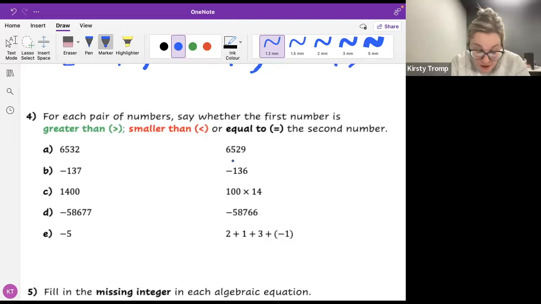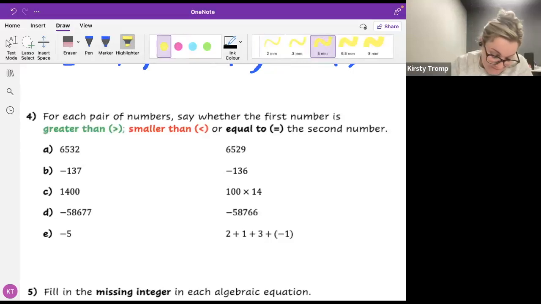So if we're looking at question 4, my very first one says, A, which number is greater, 6,532 or 6,529? Let me do the first one with you. Both of them are 6,000, so that doesn't help me.